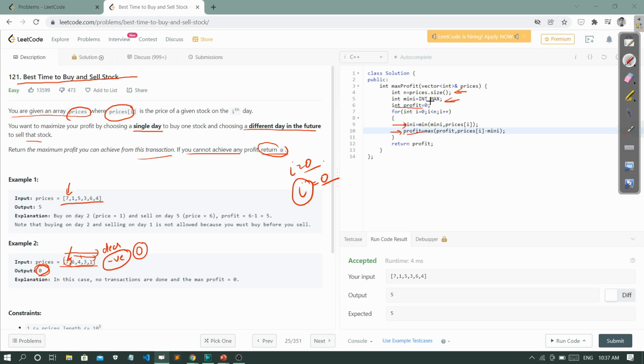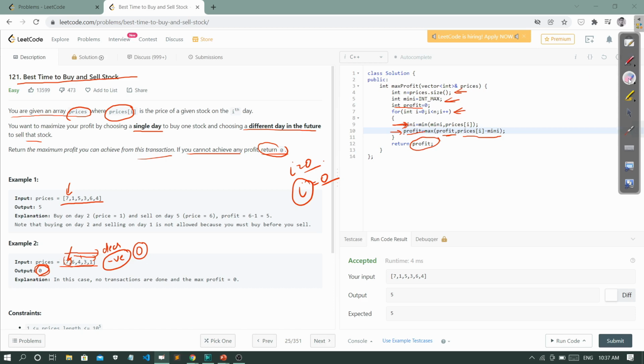If I do for i is equal to 1, then again update the minimum and profit is equal to max of the previous profit and the profit we get after selling the stock on the given day. If I complete this iteration, we get the maximum profit. Okay, so this is our code.